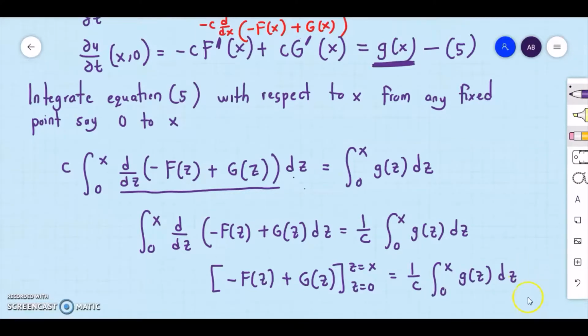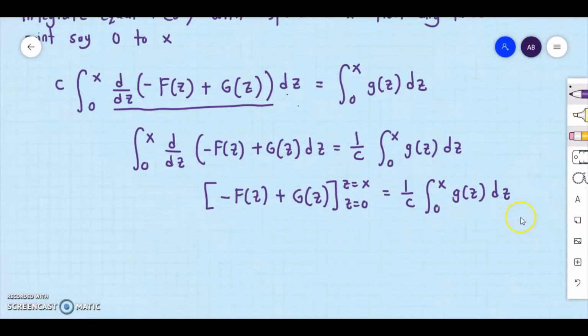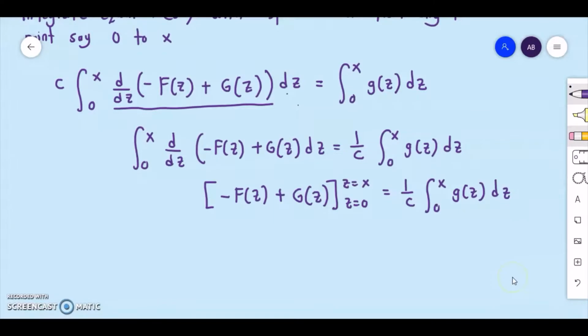Okay, so all I can do is play around with my left-hand side by substituting when z is 0 and z is x. That will give me negative fx plus gx, minus minus becomes plus f0 minus g0. Please don't make the mistake. You have a negative, right? So when I want to use the second limit, I have to do minus, which becomes positive, and then minus for this one.